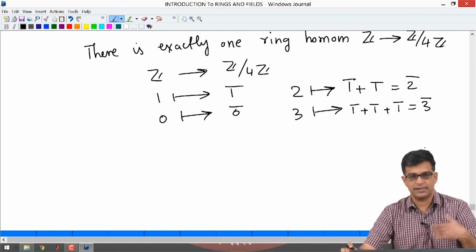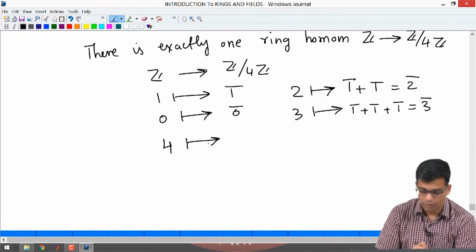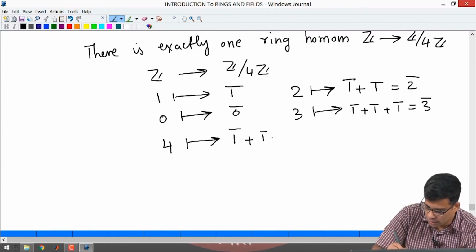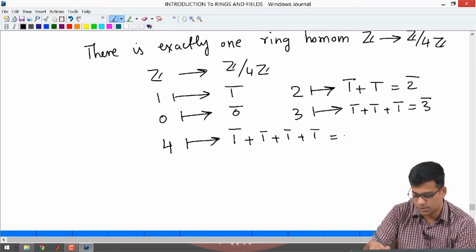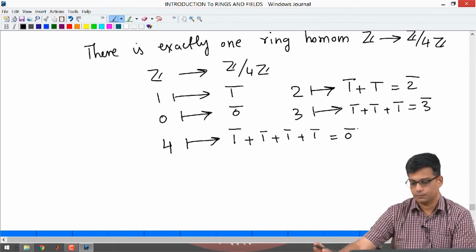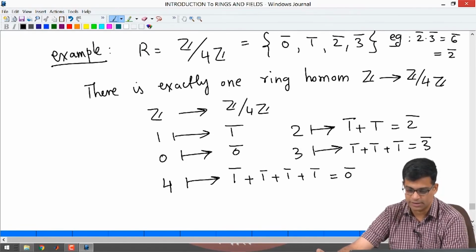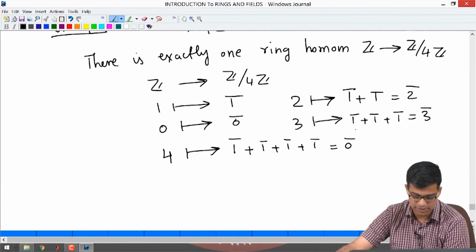Now, Z has infinitely many elements, so I need to tell you the image of 4. Where will 4 go? Because of the previous proposition, it will go to 1 bar plus 1 bar plus 1 bar plus 1 bar, but this is actually the 0 element of the ring, the residue class of 4, which is 0.